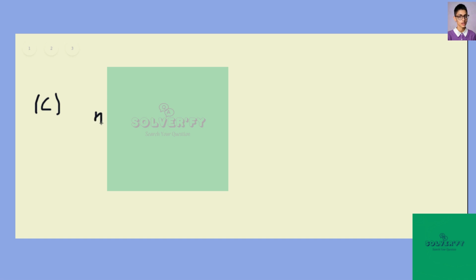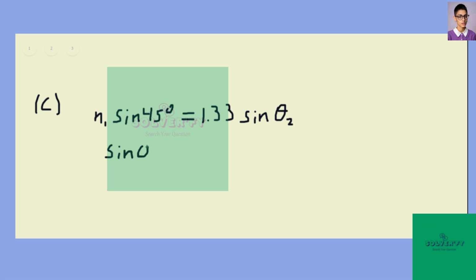Again, using Snell's law, we have N1 times the sine of 45 degrees is equal to 1.33, the index of refraction of water, times the sine of theta 2. So for total internal reflection to occur, we need the sine of theta 2 to be greater than or equal to 1.